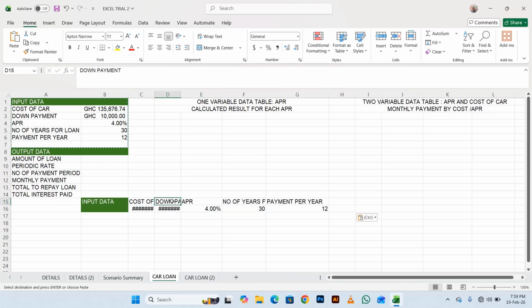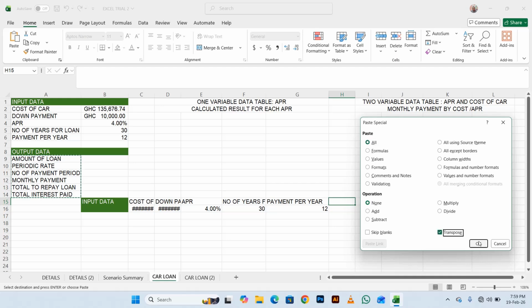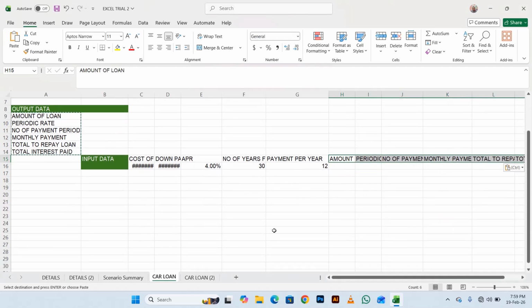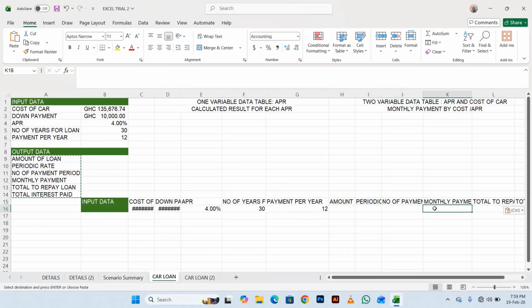So cost, down payment, APR rate, number of rate. You see, it was like this. And then there's these ones to follow. These ones will follow like this. And then you'll be deducting. Do you see it? You'll be deducting and then multiplying and then keying in. So it's the same thing that this time around we have done it like this.